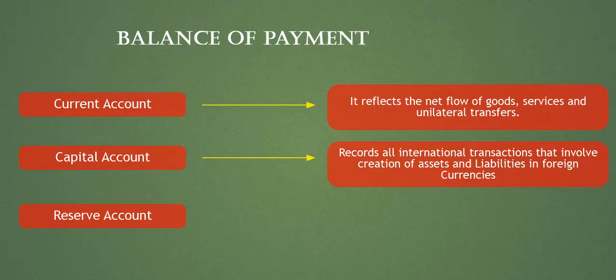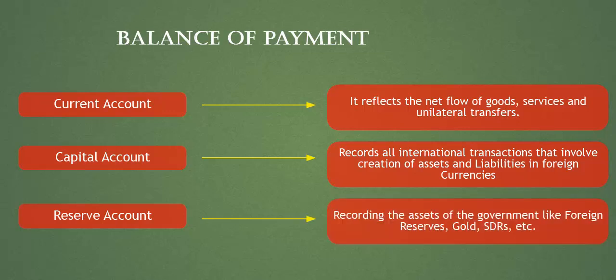The capital account records all international transactions that involve creation of assets and liabilities in foreign currencies, for example, loan taken or loan repaid. Reserves account. Reserves accounts are created for recording the assets of the government, such as foreign reserves, gold, special drawing rights, SDR, etc.